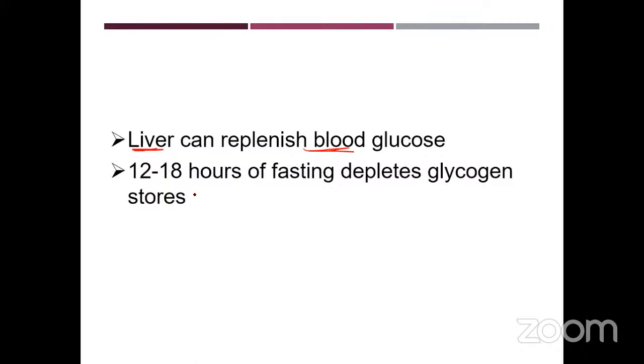Gluconeogenesis can provide glucose for some 12 to 18 hours of fasting. After 12 to 18 hours, the stored glucose in the liver, called glycogen, will be lost. After that, gluconeogenesis provides glucose to the blood and maintains a sufficient blood glucose level for some period.